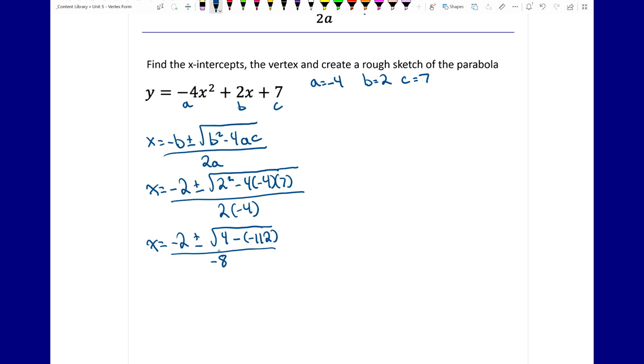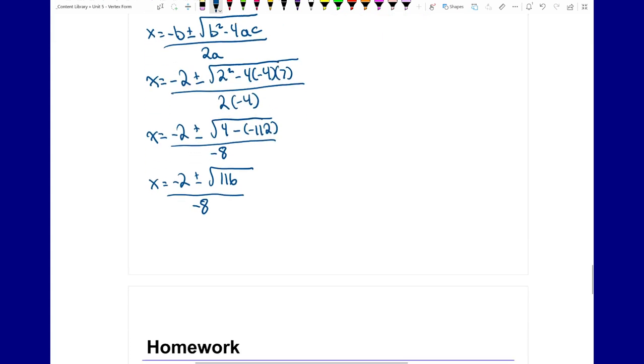Now, because it's 4 minus a negative, right, we still need to include that second negative. We can't forget about it. It's the same thing as saying negative 2 plus or minus the square root of 4 plus 112, or the square root of 116, divided by negative 8.